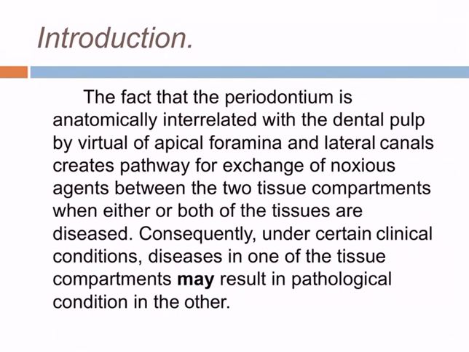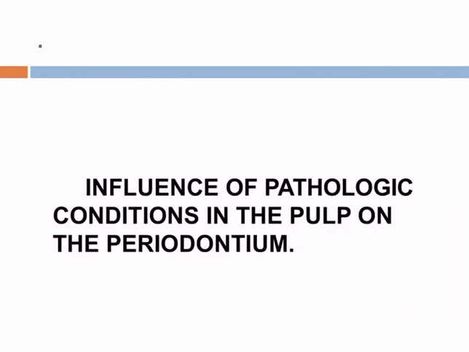That means whatever is in the pulp can reach the periodontium, and similarly any noxious agents in the periodontium can reach the pulp, because they are connected through the apical foramen and lateral canals. So, under certain clinical conditions, disease in one of the tissue compartments may result in a pathological condition in the other.